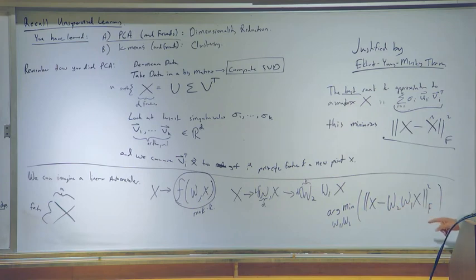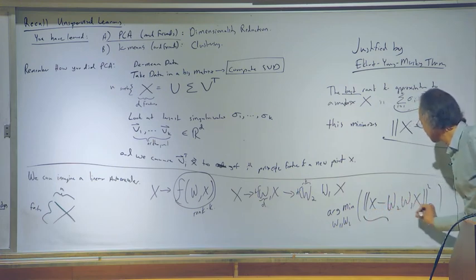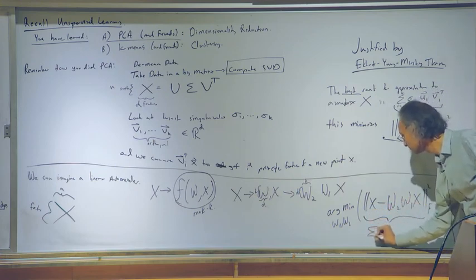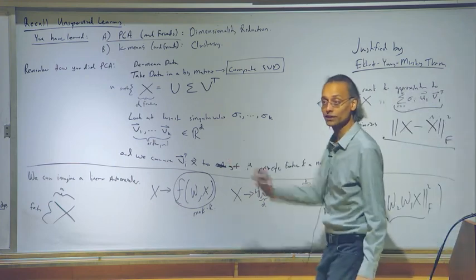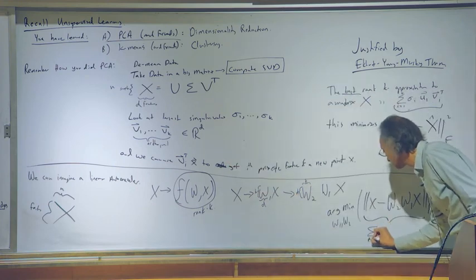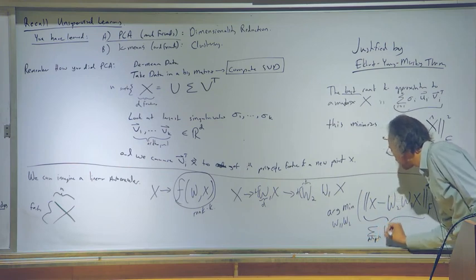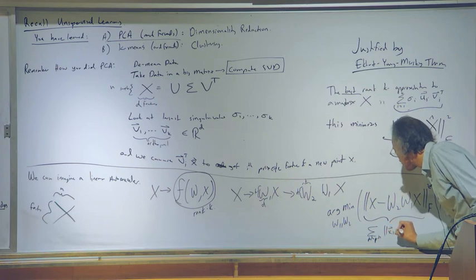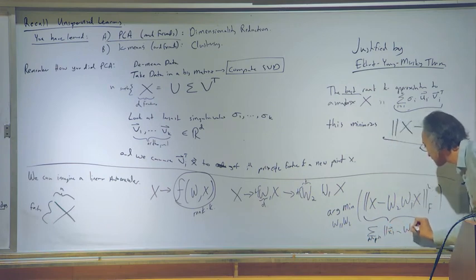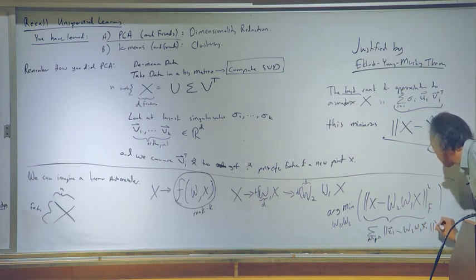Because it's a Frobenius norm, it's just treating the entire matrix like a block of numbers, which means this thing itself is a sum over data points. The ith data point minus w2, w1, because of the way that matrix multiplication works, xi squared.